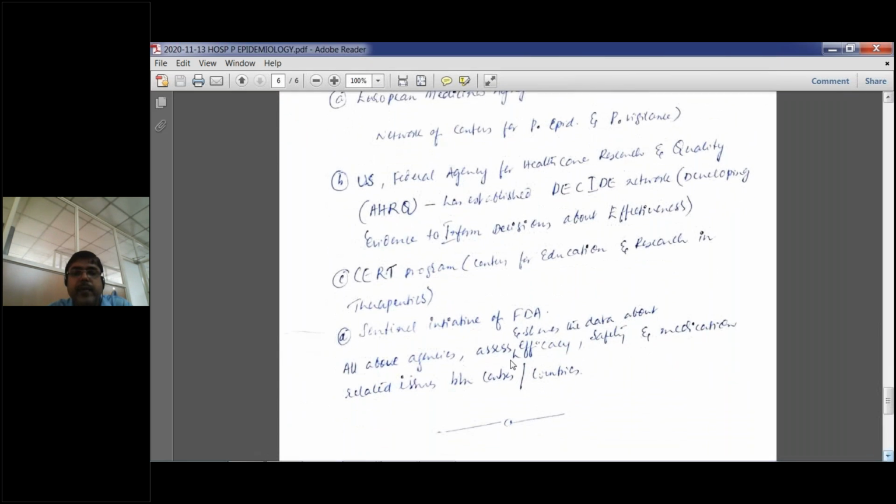And you have the Sentinel initiative of the FDA, where it collects the information about the efficacy, safety, and medication-related issues between centers and countries also. We are very clear that the medication effect depends on race and genetic makeup, correct? The medication-related issues or the efficacy and safety not only vary within a single race or single genetic population, but also between two races or two genetically structured populations present in different countries.